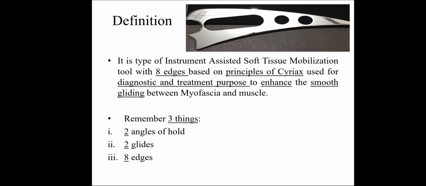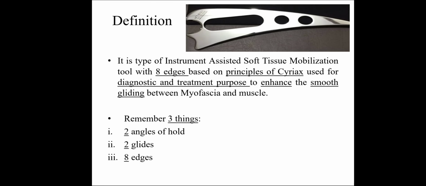When you talk about bare hand, your MFR and your Cyriax massages come under soft tissue mobilization technique, where we release the adhesions, knots and bands occurred within the muscle, myofascia and myofascial and muscle junction, also in the tendon. The same technique using the tool or the blade is known as instrument assisted soft tissue mobilization tool. Now this tool has 8 edges, which we'll be discussing in the next slide.